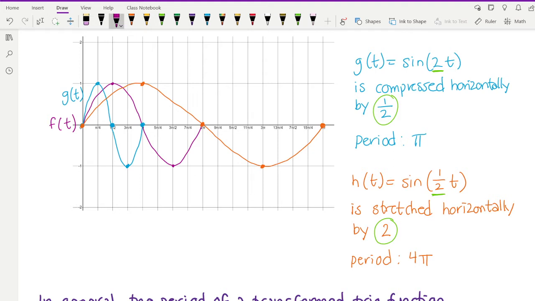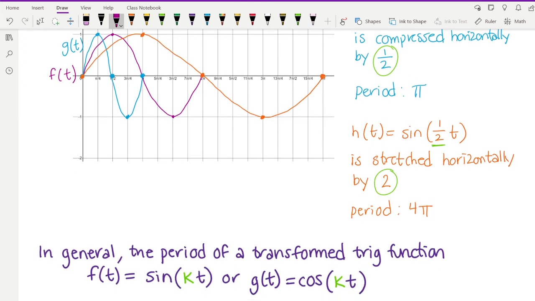So 2 pi divided by 2 gives us pi. And then actually the same rule works here too, right? So if you take 2 pi and divide it by 1/2, dividing by 1/2 is the same as multiplying by 2, right? 2 pi divided by 1/2 is the same thing as doing 2 pi times 2 over 1, which gives you 4 pi.